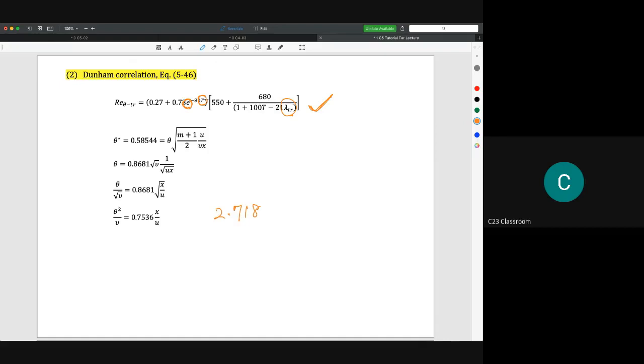Here we are calculating from the table: the delta star is 0.58544, and it is equal to this equation, and then delta squared over nu is equal to 0.7536 x over u.